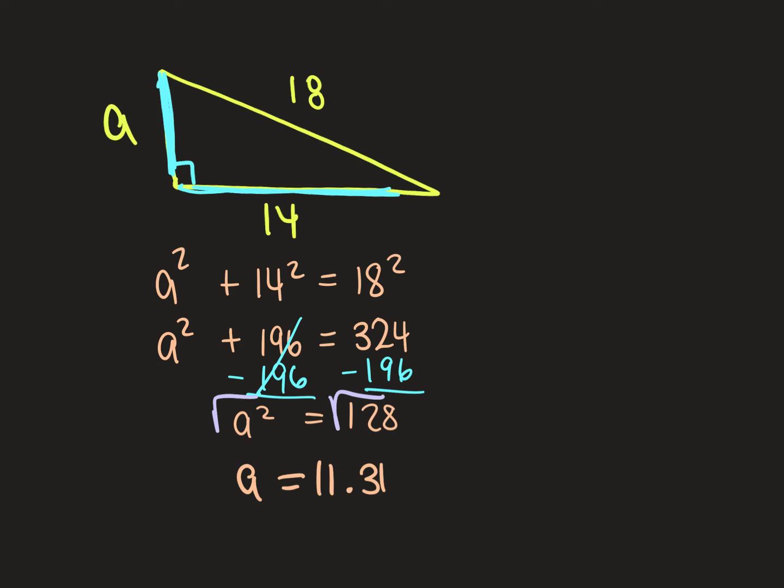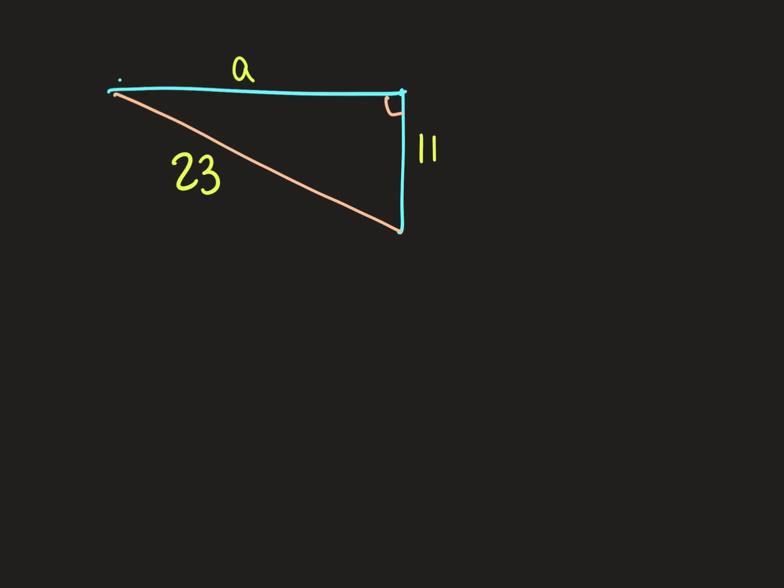All right, you try this one by yourself. Again, we're finding a leg. We're finding A. It could say B. A or B means the same thing, but we're finding a leg.